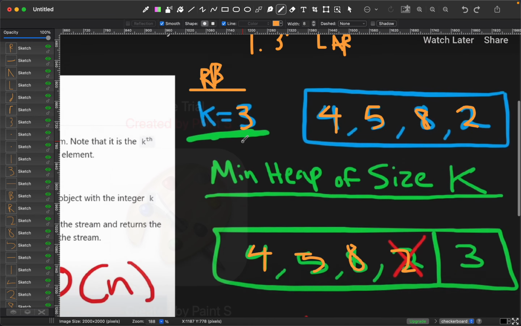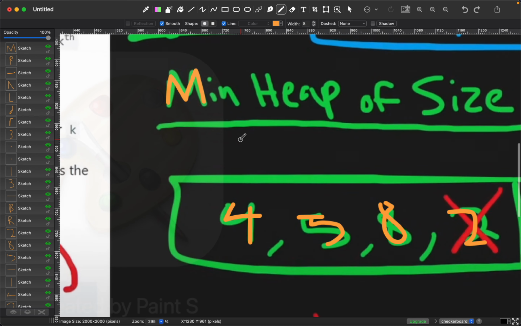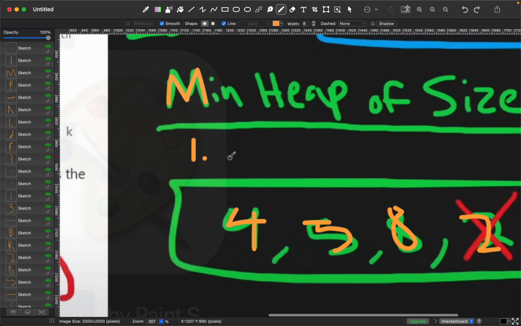Now within all these numbers, which one is the third largest? Intuitively, we can tell it's already this number, right? Now, what does the min heap do? One of the properties is that it basically takes the minimum value.